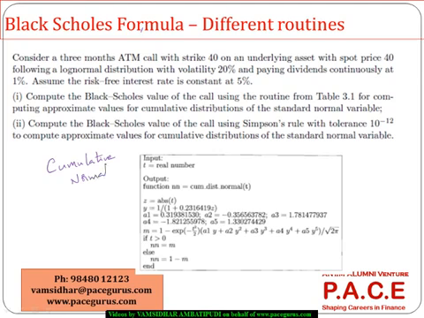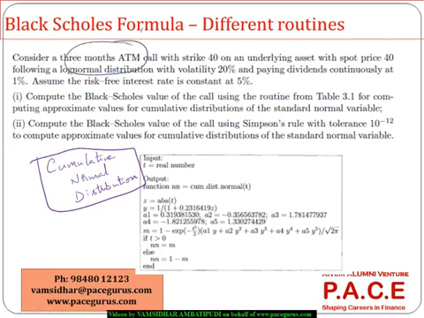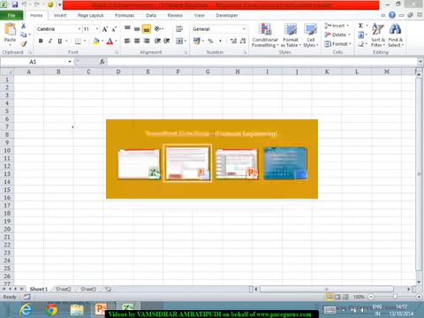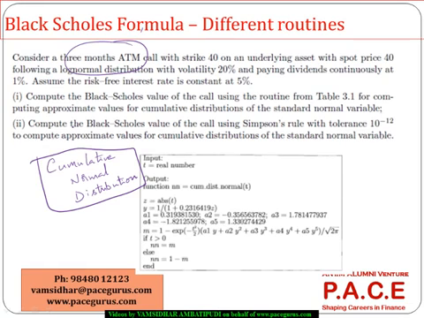Let me depend on two different kinds of mechanisms, and then try to compute the value of the call option using the Black-Scholes formula. So we are talking about a 3-month ATM call option. Okay, so let me try to enter a few details regarding the same.